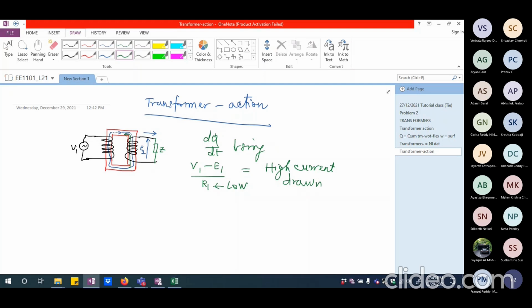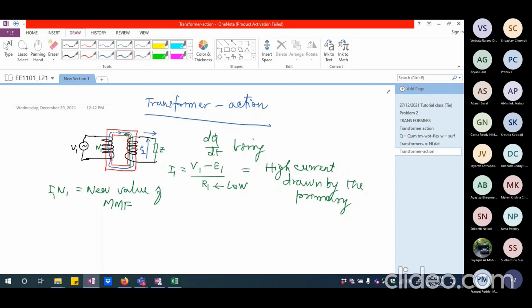So when you have a high current drawn by the primary, obviously N1 multiplied by that I1, if I may call this I1, N1 multiplied by I1 will be the new value of MMF, magnetomotive force.